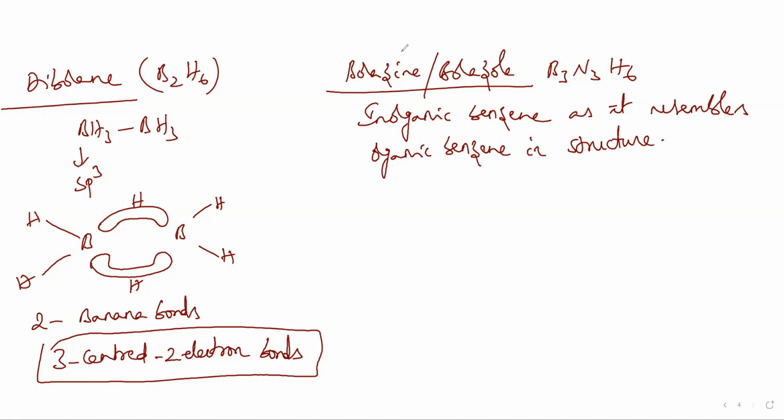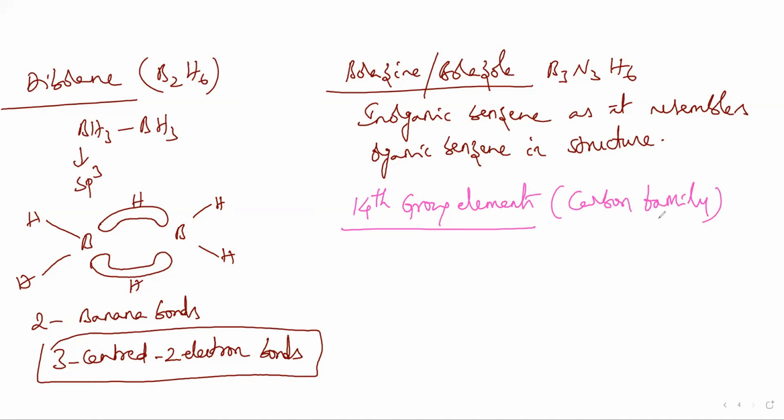Next, we'll move to the next group, 14th group elements. This is also known as carbon family. So carbon, silicon, germanium, tin, lead.